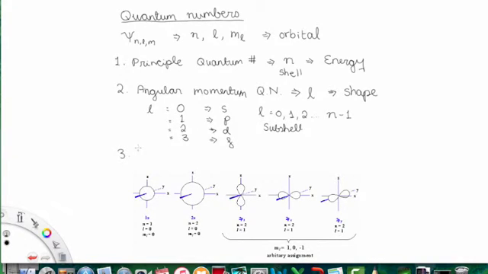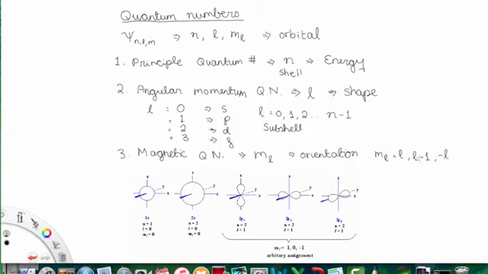Third, we need the magnetic quantum number. And this is given the symbol m with a little l. And this labels different orbitals of a subshell with values to give orientation. So ml is given as l, l minus 1, and finally minus l.